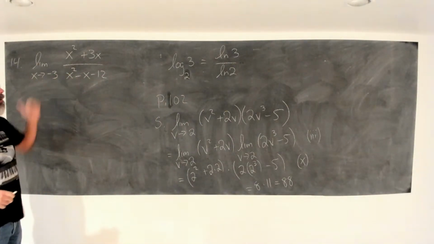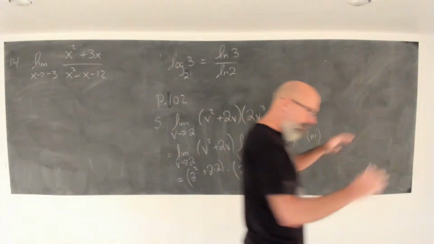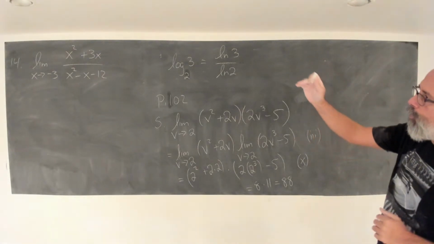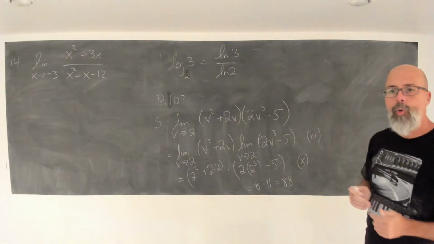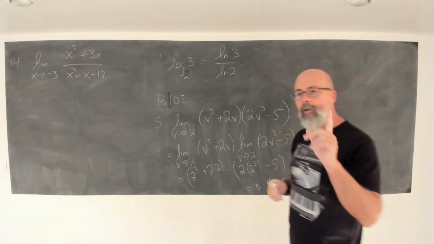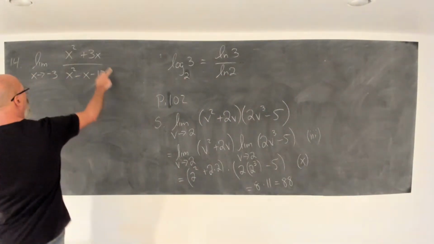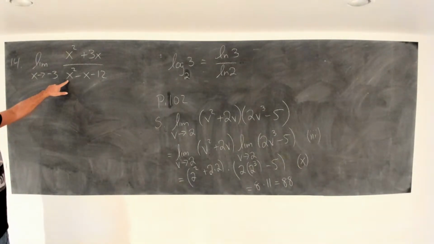Here, property 4 told us that we can take the limit of the numerator divided by the limit of the denominator. The limit of a quotient is the quotient of the limits, as long as the limit of the denominator is not 0. Now, this is a polynomial, so we can just plug in. And if we plug in, what do we get?